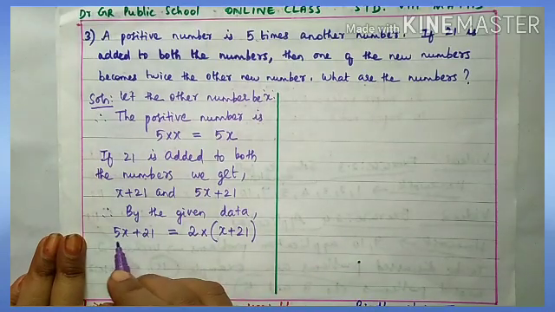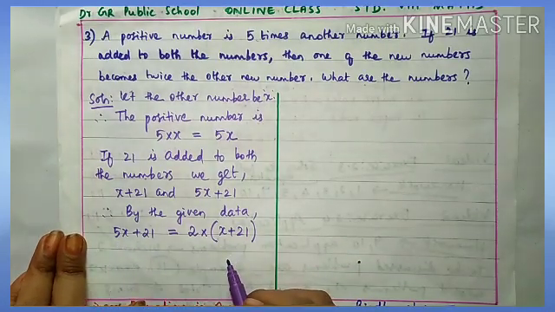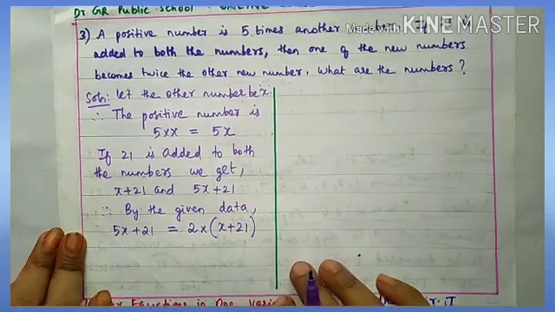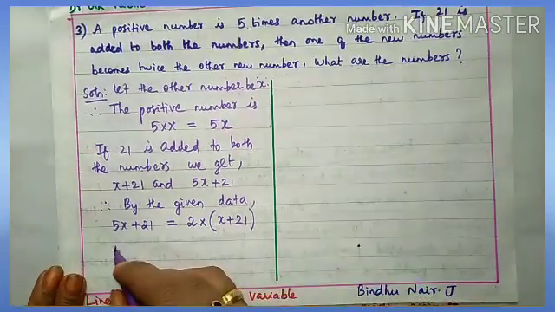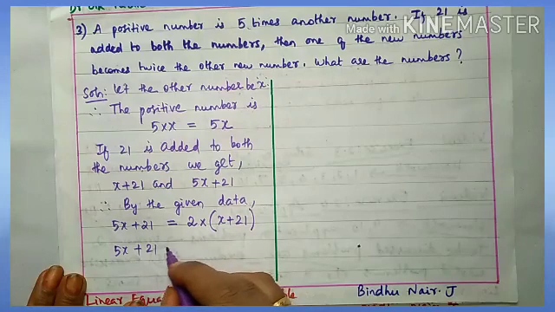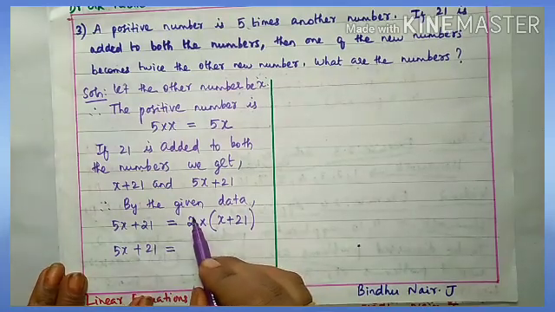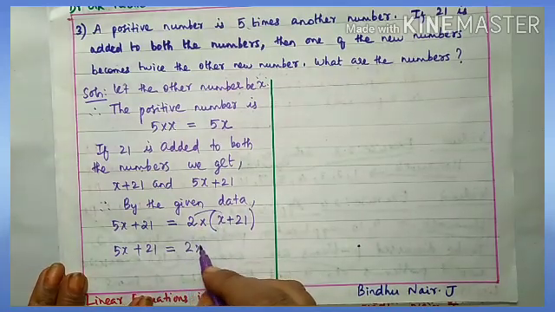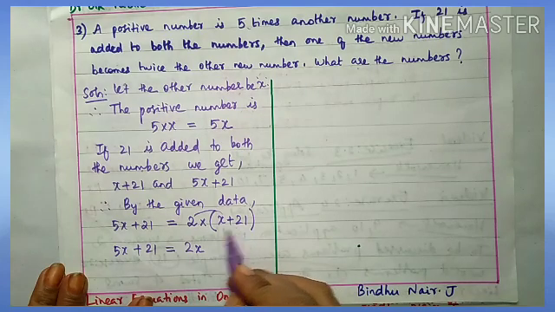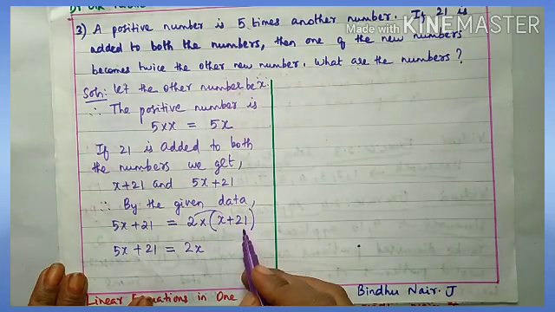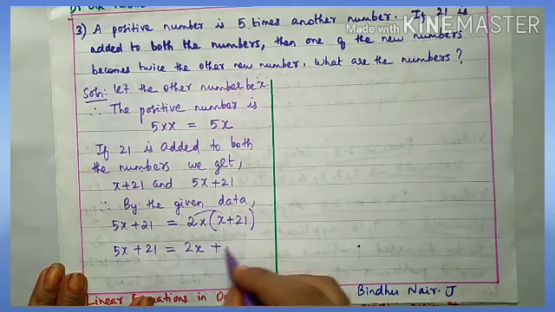Now we got our required equation. Now open the bracket. So 5x plus 21 is equal to, multiply first 2 into x, 2x, then 2 into 21. What is 2 into 21? Yes, 42. So plus 42.